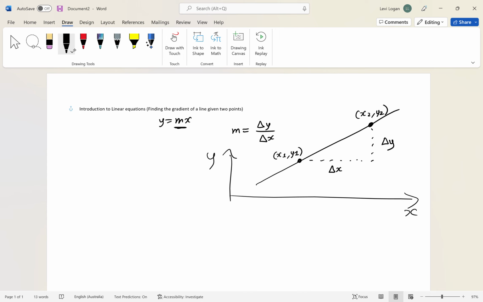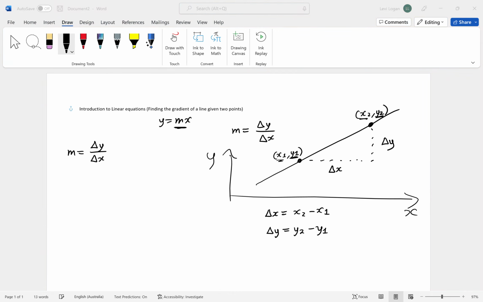So what is this change in x? It is the difference between these x points, so it's going to be x2 minus x1. And the change in y is the difference between y1 and y2, so the change in y is going to be y2 minus y1. Reiterating, the gradient is the change in y over the change in x.